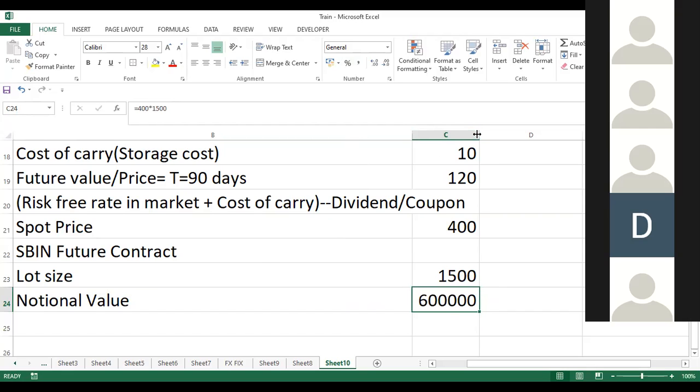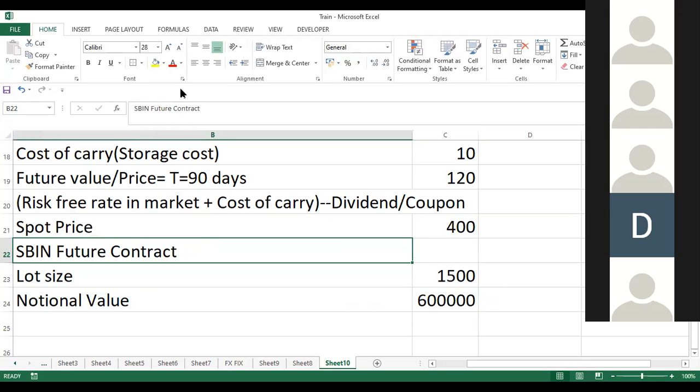It is one lot that you're buying. You're long on this futures contract. When I say long, that means you're buying it. These words, long and short: long is used for buy, and short for sell. So long futures contract, you're buying one contract.